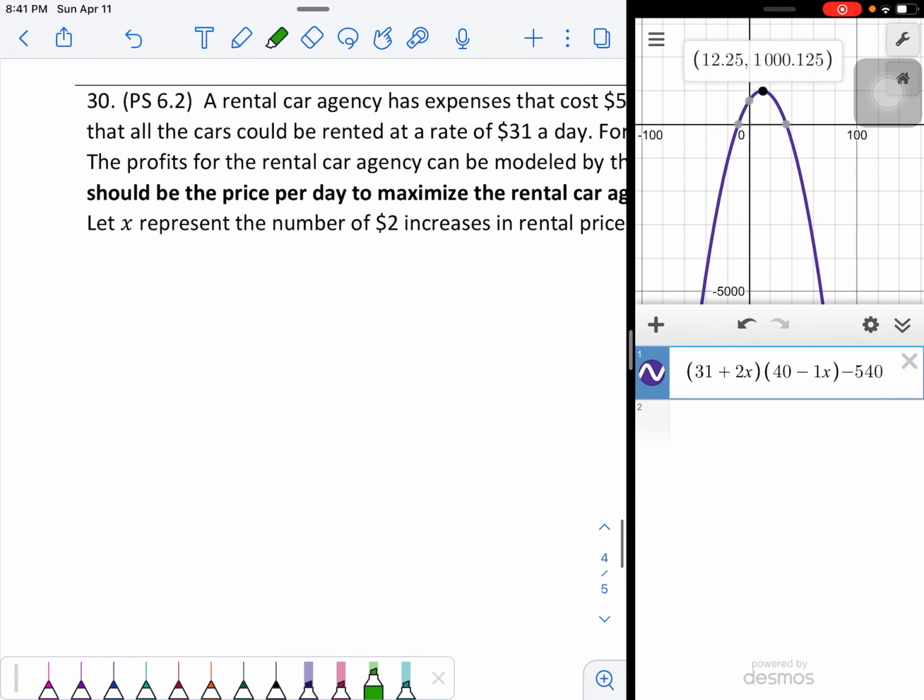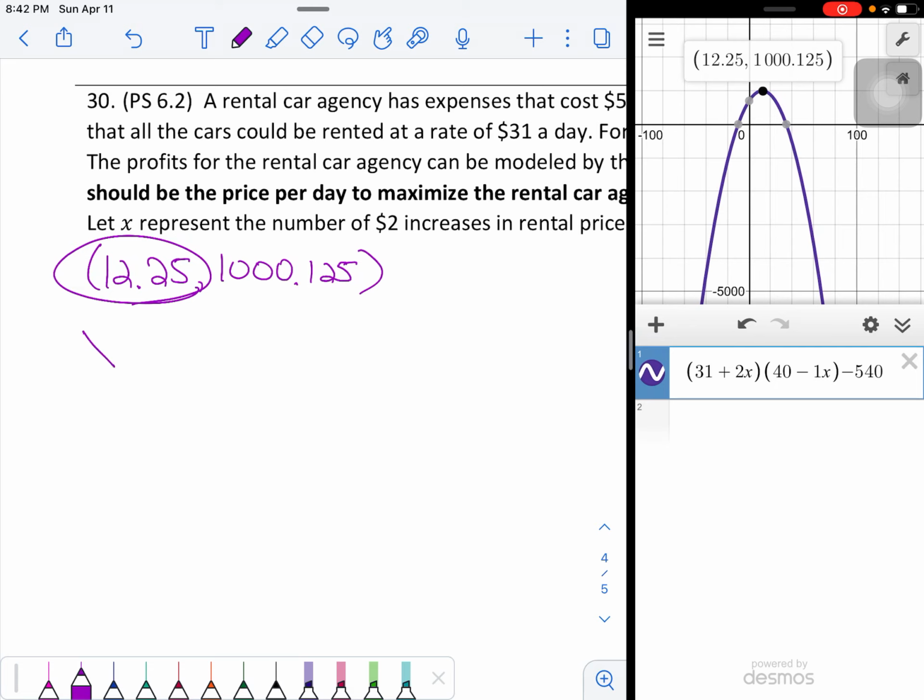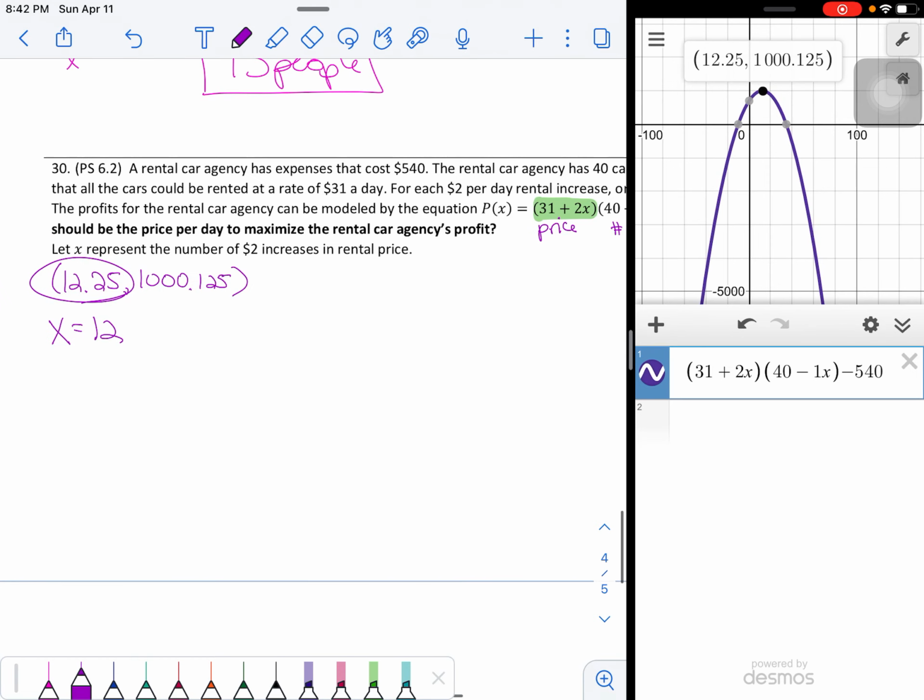All right. Now, one of the things to keep in mind with these problems is X has to be a whole number. All right. So because X has to be a whole number, I want to take this X value and round it appropriately. So in this case, we're going to say X is equal to 12 because 12.25 would round down to 12.